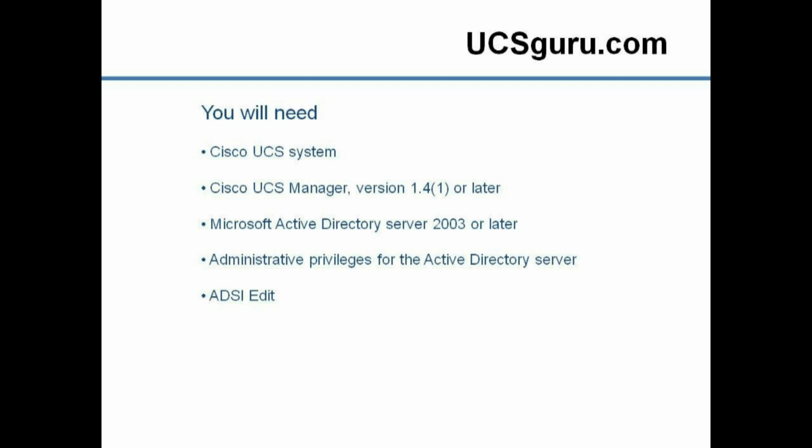Administrative privileges on the Active Directory Server, because we do have to add some bits into AD. And an optional tool, the Active Directory Service Interfaces Editor, which is basically a tool that can let you view and manage raw AD information. It's an optional tool, but you'll see how we can use it to make our lives a little easier.